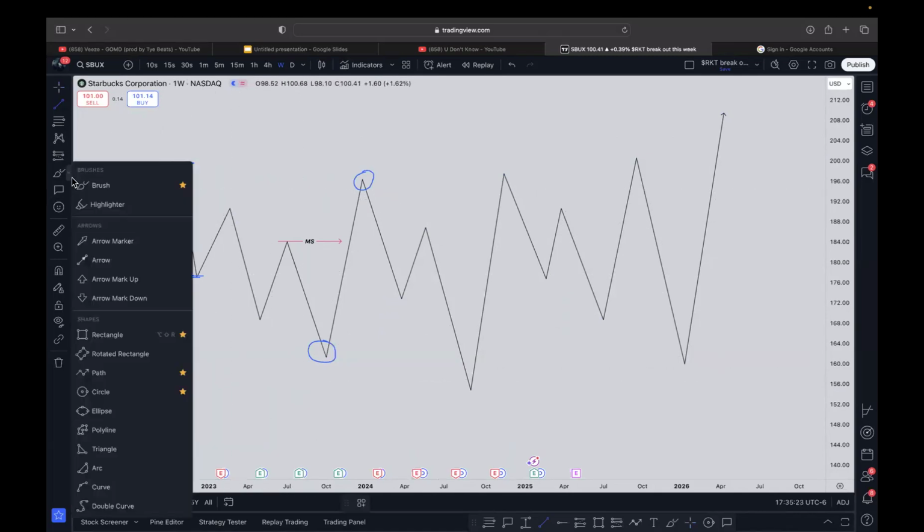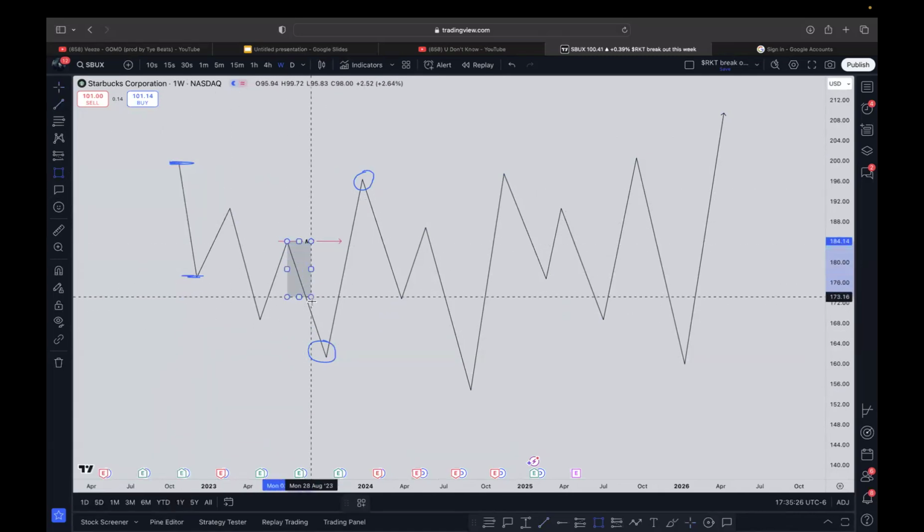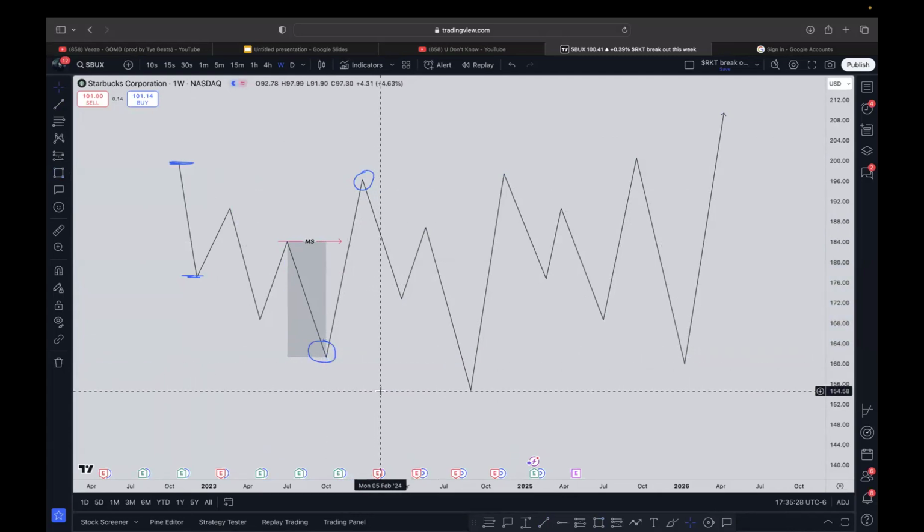All right, so now we have price. And what does this gray area represent?